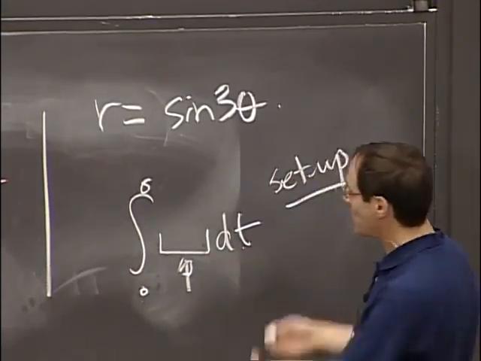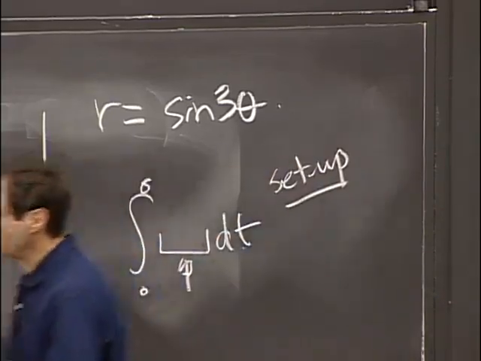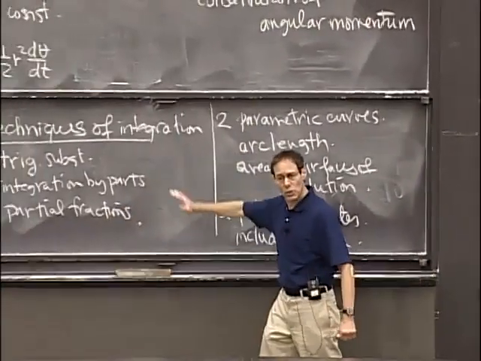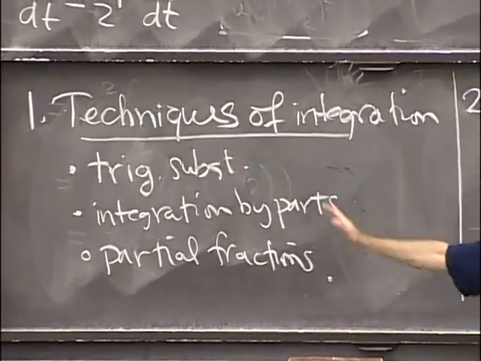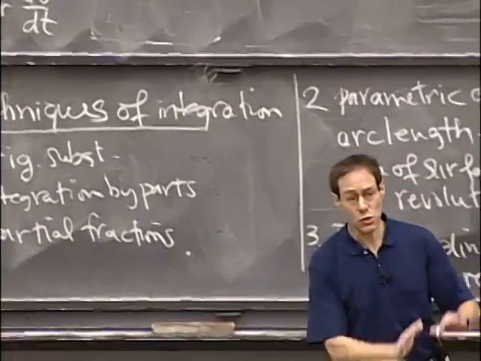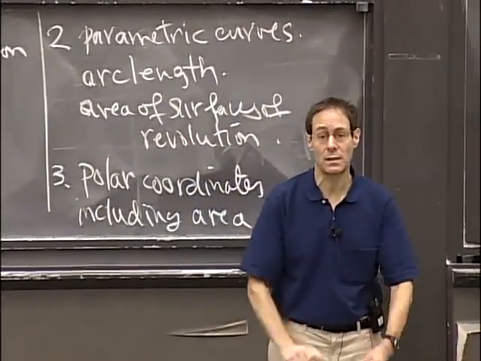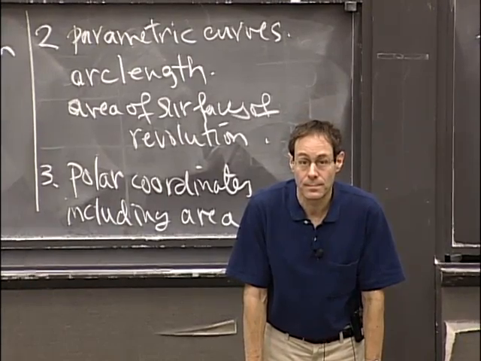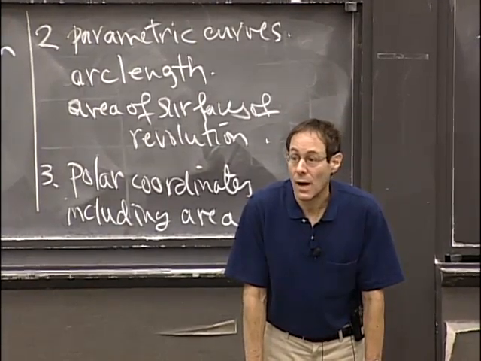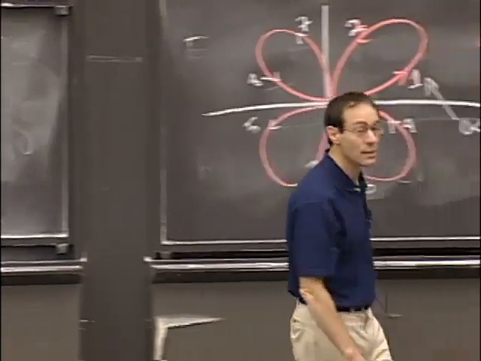And then the second step is evaluating, which really is what we did in the first half. Unfortunately, we don't have infinitely many techniques, and indeed there are some integrals that can't be evaluated and some that are too long. So we'll just try to avoid those. I'm not trying to give you ones which are hopelessly long. All right. Other questions? Yes?